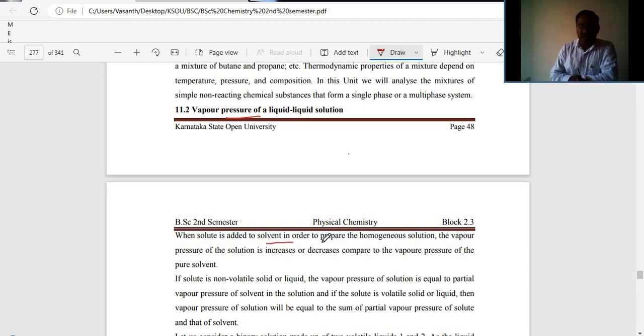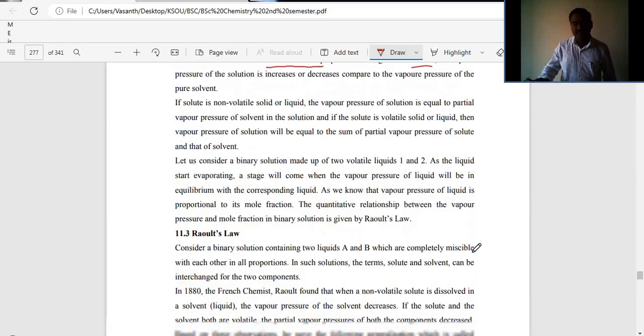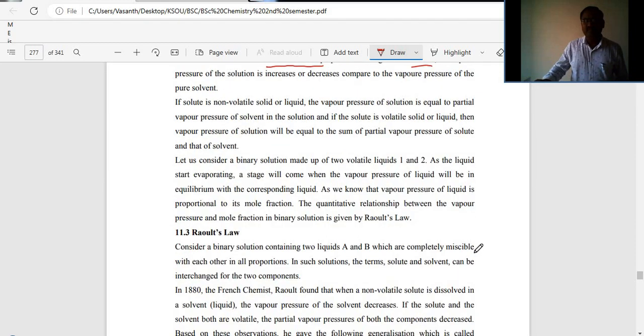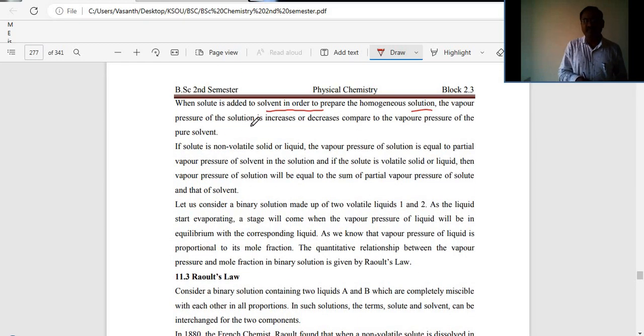When a solute is added to a solvent in order to prepare the homogeneous solution, the vapor pressure of the solution increases or decreases compared to the vapor pressure of the pure solvent. Consider water. Water has some specific vapor pressure value. Once we add a non-electrolyte solute, the vapor pressure changes.